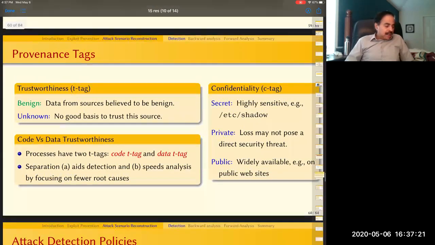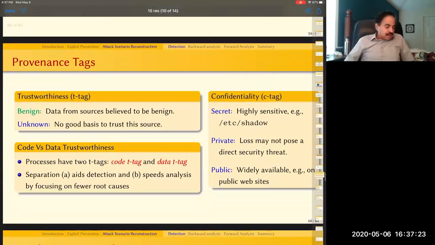So to detect the attacks, we use this dependence information together with some policies for detecting attacks. In particular, we define something called trustworthiness, and focus on trustworthiness of code, right?